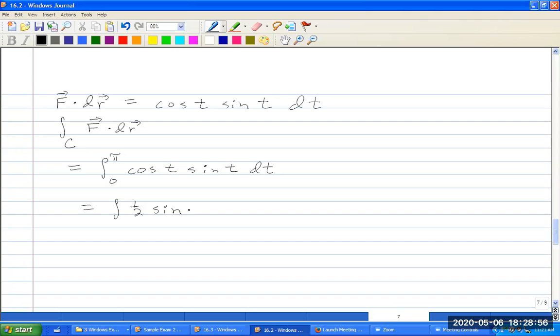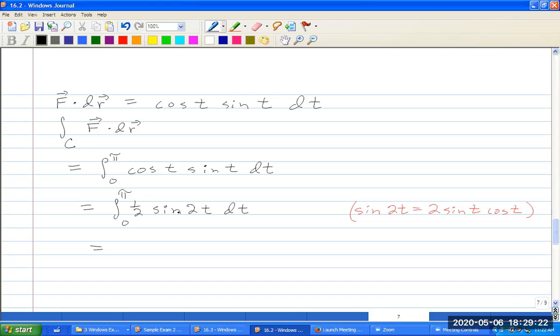So we're using the fact that sine 2t is 2 sine t cosine t, one of the double angle formulas. The double angle formula for sine.